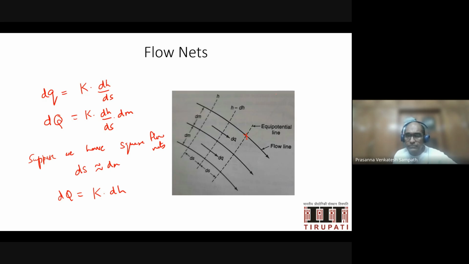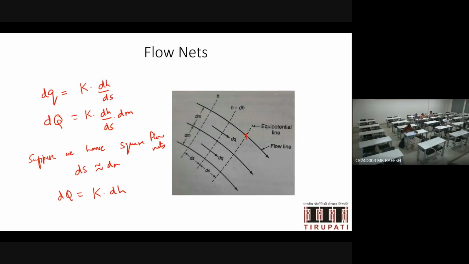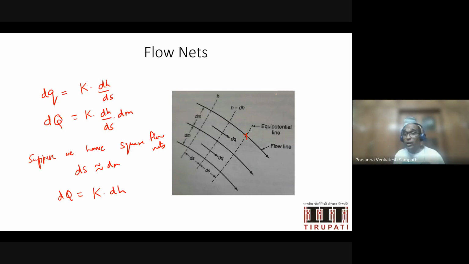That's a powerful visual representation, where observing the equipotential lines and the flow lines, I'm able to figure out how much water must be flowing in this region.